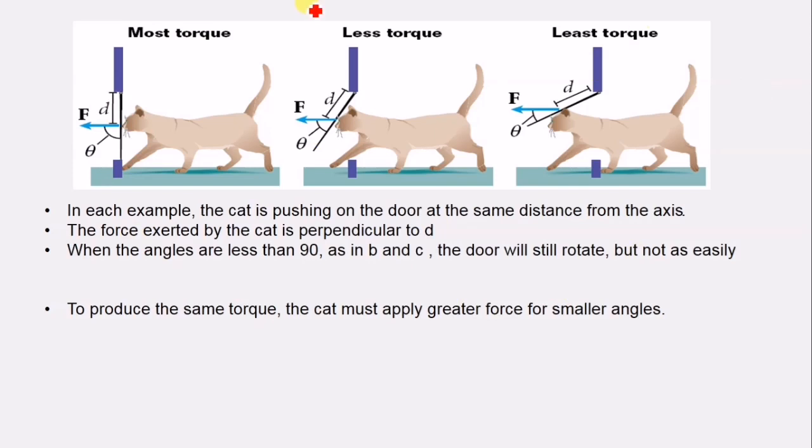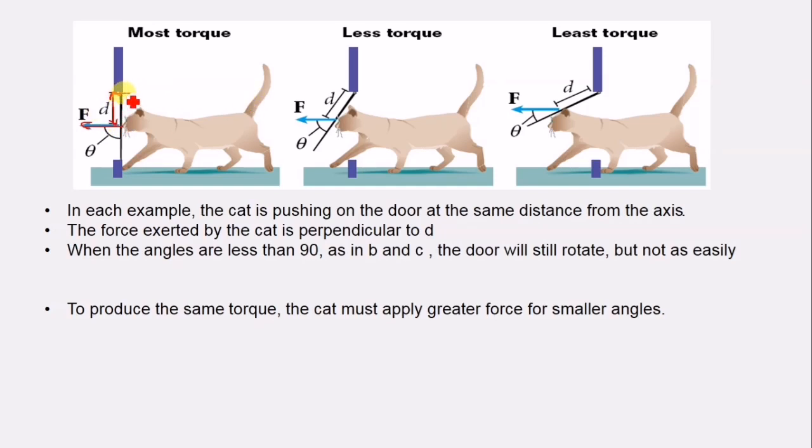Okay, so here we have another example about the relationship between the torque and the angles. Here you have a cat which is trying to leave its house by pushing on the door with its nose. Here the door was closed, so it was easy for it to push it. See, this is the force, and this is the distance, the lever arm, always measured as the perpendicular distance from the pivot.